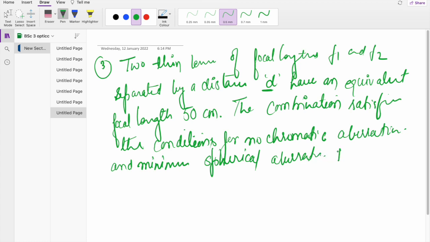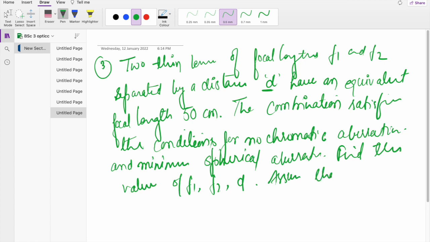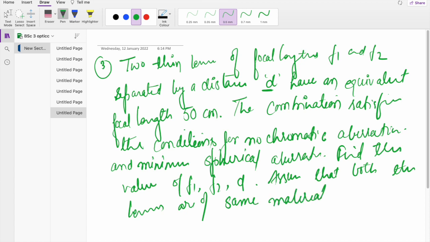So we have to find the values of f1, f2, d, and assume that both the lenses are of the same material. Either it can be made of crown glass or flint glass.